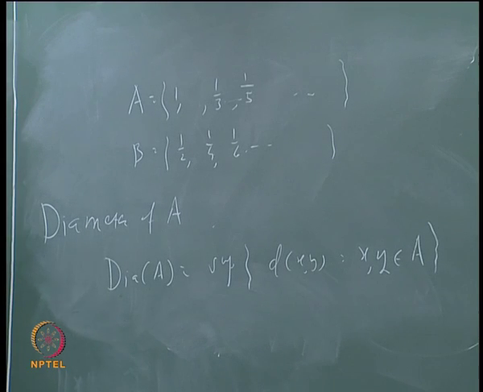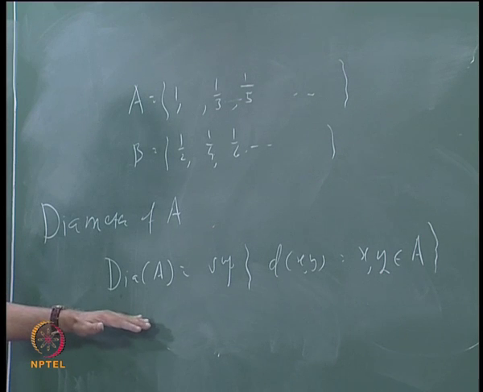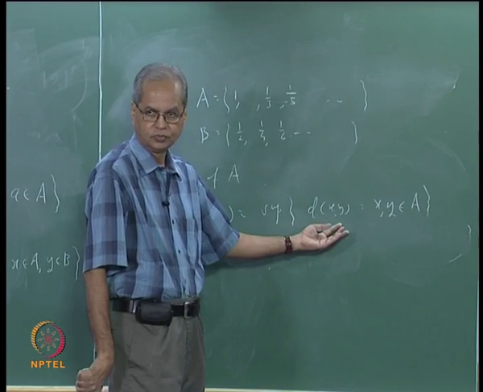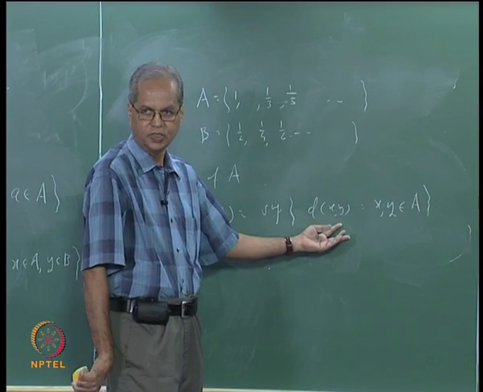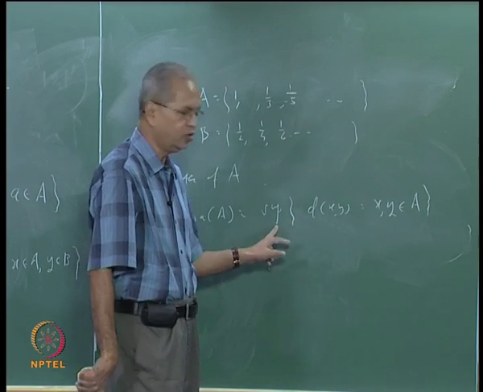We take all possible pairs and the corresponding distances, and then take the supremum; that will be the diameter. Only thing is that we do not know whether this set is bounded above. Only if this set is bounded above can we talk about the supremum.